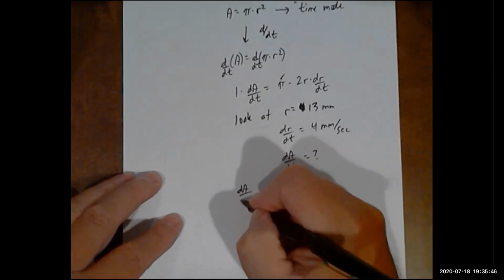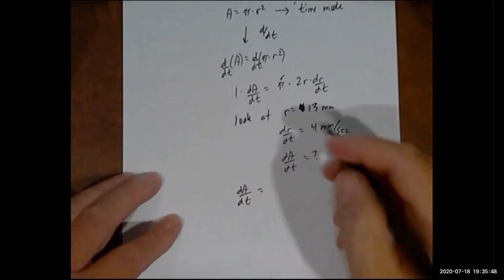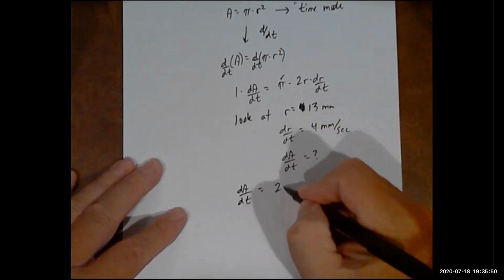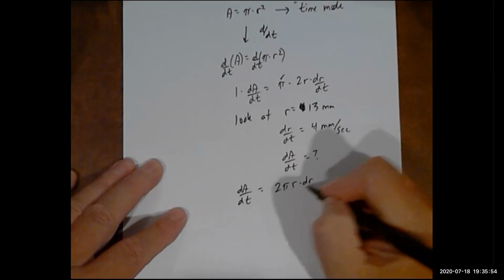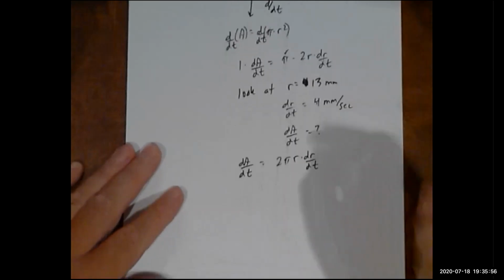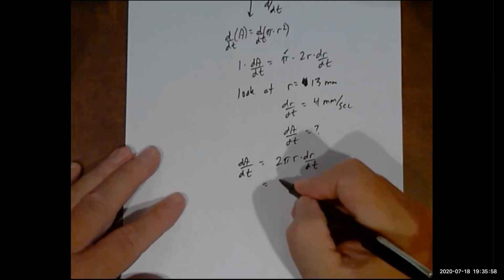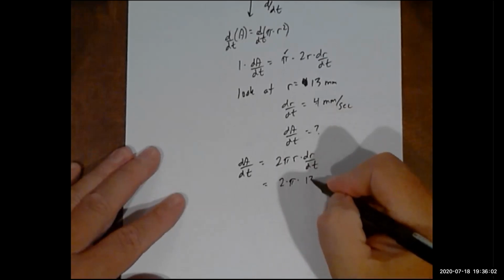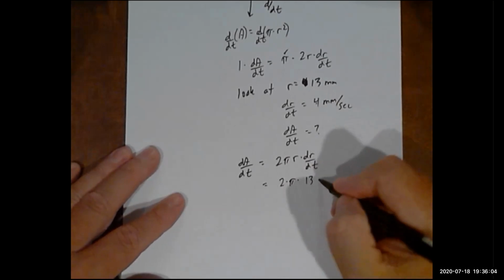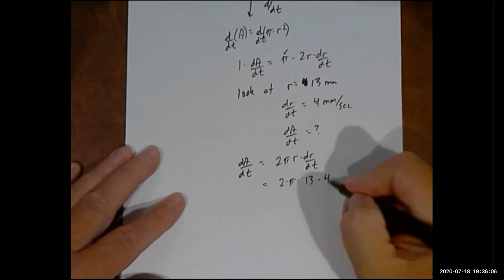So from up above, the dA/dt, I can write it 2 pi r dr/dt. So I plug in 2 times pi, r is 13, the dr/dt is 4.